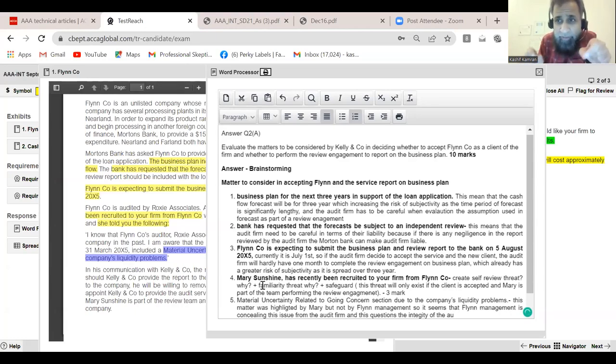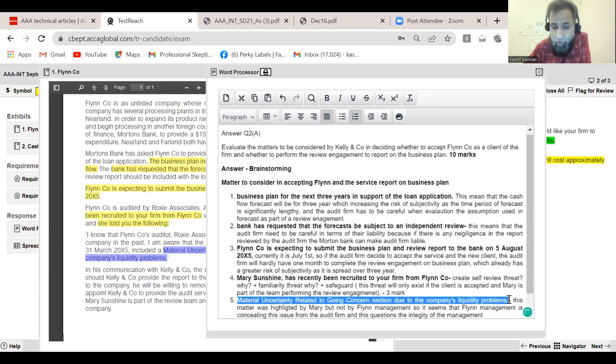So is the management fulfilling their primary responsibility, or are they concealing it? So that is the point of concern. And this questions the integrity of the management. You get another mark here. So this material uncertainty relating to going concern is becoming a client integrity issue.